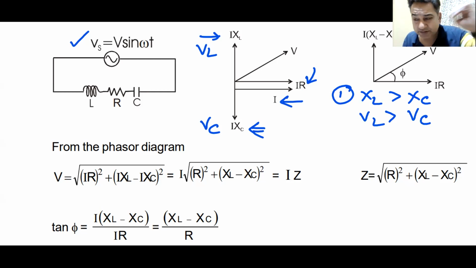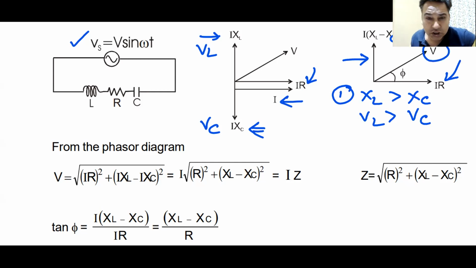Then what will happen? You will have something remaining on the top. In this case, voltage will lead current by an angle of phi.